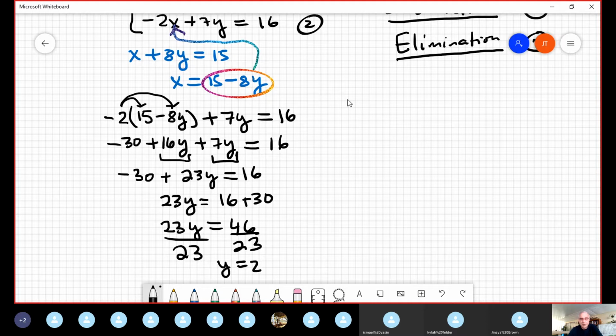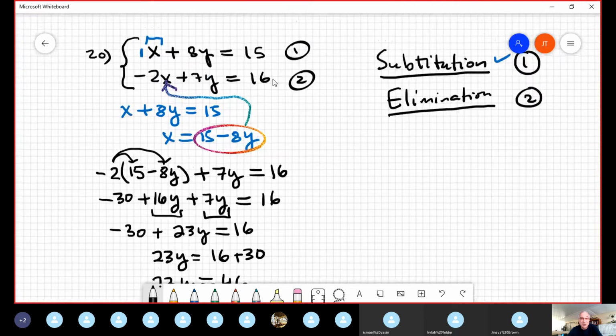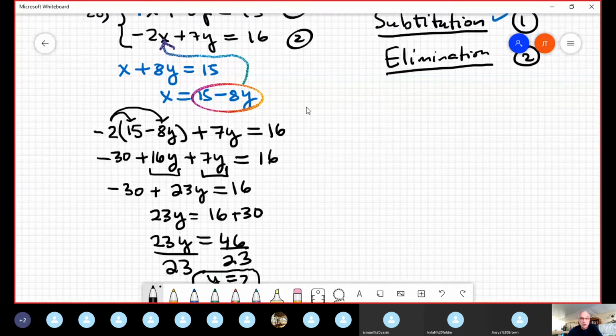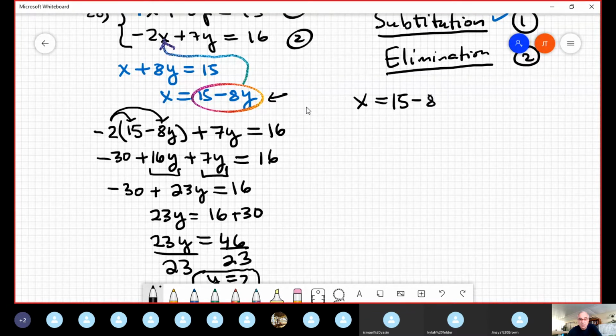Now, to find a solution, we need the point, and the point contains two components, x comma y. We found y. I need to find x. So use substitution in either equation. The beauty is we can use equation 1 or equation 2, but in my opinion, it's much better using this equation because x is already isolated. So x is equal to 15 minus 8y, but y is 2, I know.